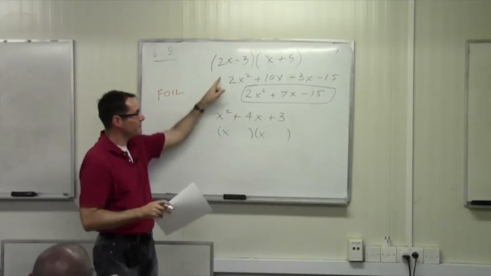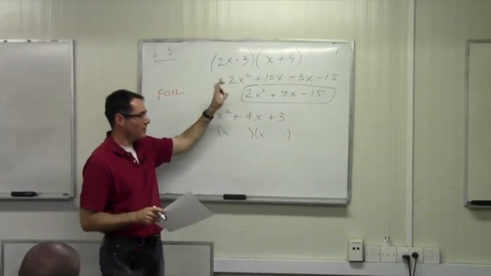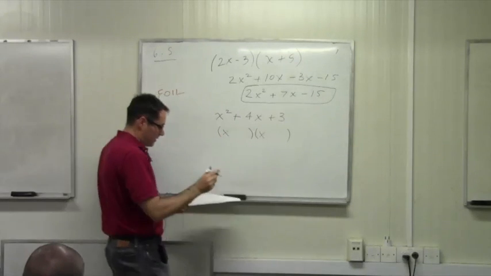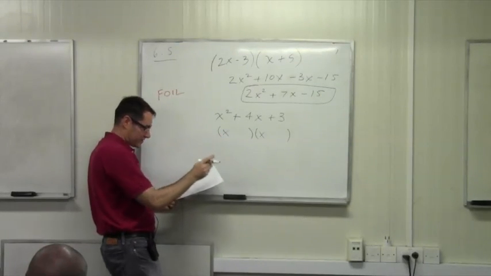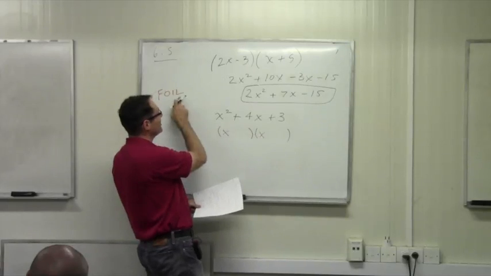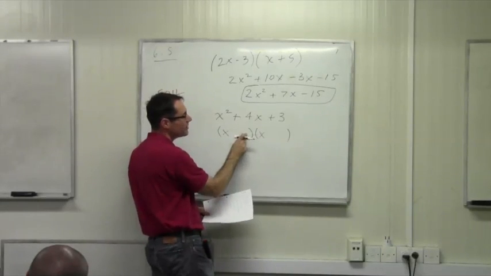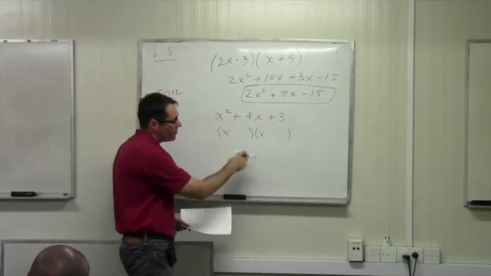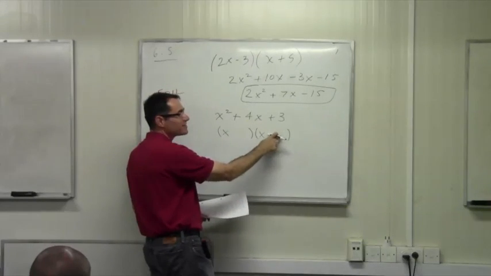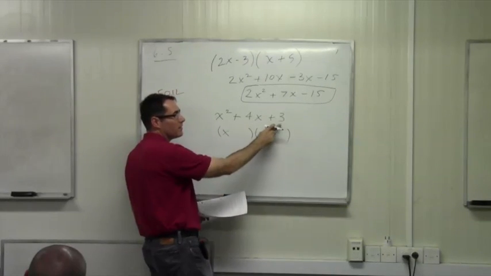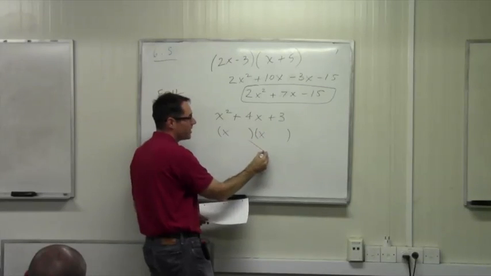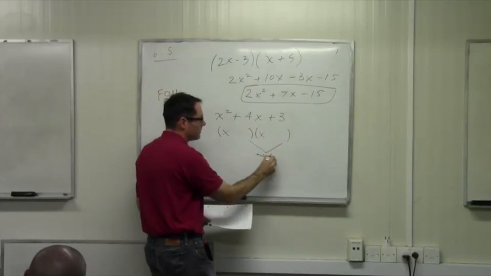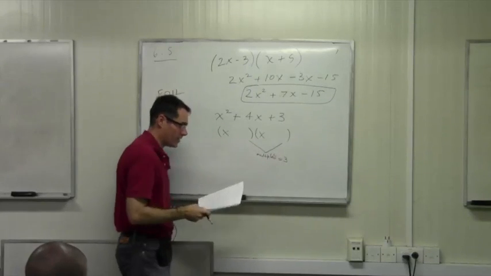It's going to be a little different if you end up with something like this one, but we'll get to that in a little bit. Notice something else. The last terms are going to be this one times this one. This one times this one has to equal what? 3. So multiplied, they have to equal 3.